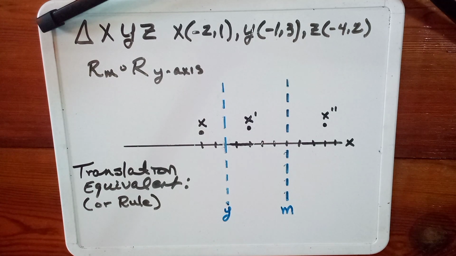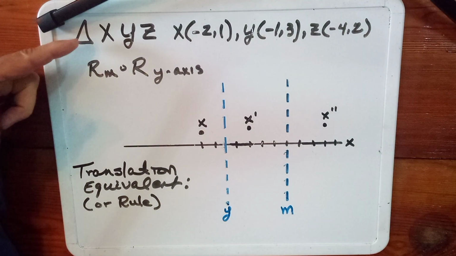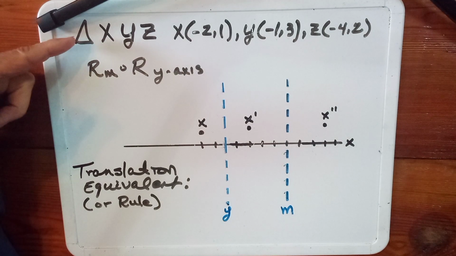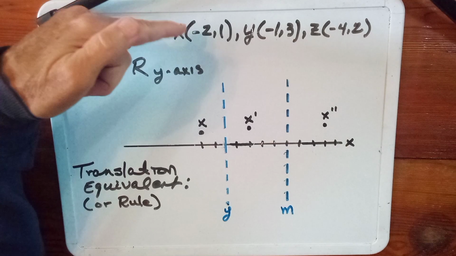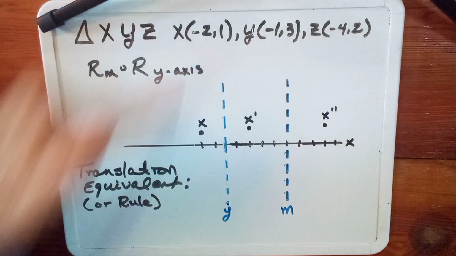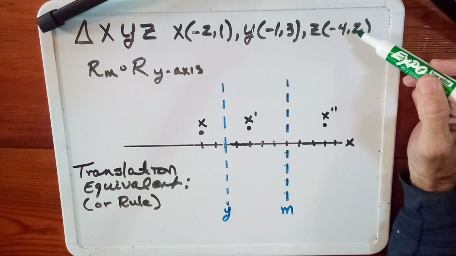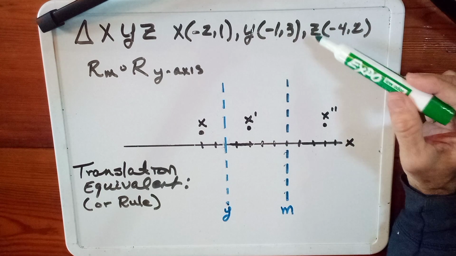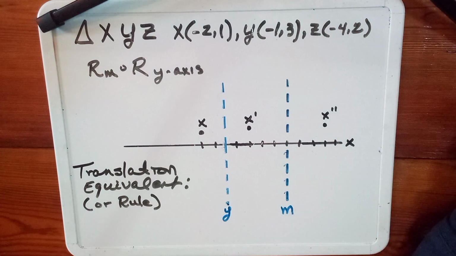Today we're talking about translations, and we are given the problem of triangle XYZ, which has the coordinates (-2, 1), (-1, 3), and (-4, 2) for its three vertices.